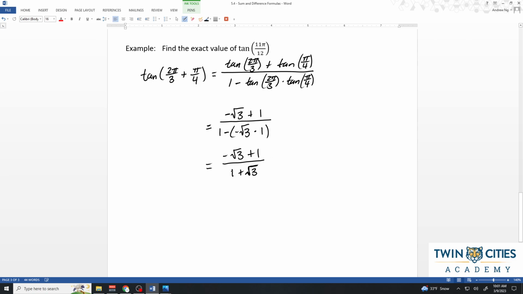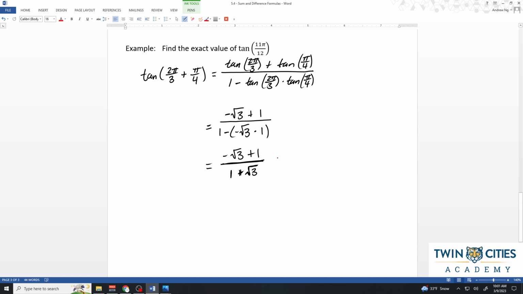All right, now depending on your teacher or professor, they may accept this answer as it is. However, some may want you to go one step further and rationalize the denominator. So to do that, I've got 1 plus the square root of 3. I'm going to multiply by the conjugate.